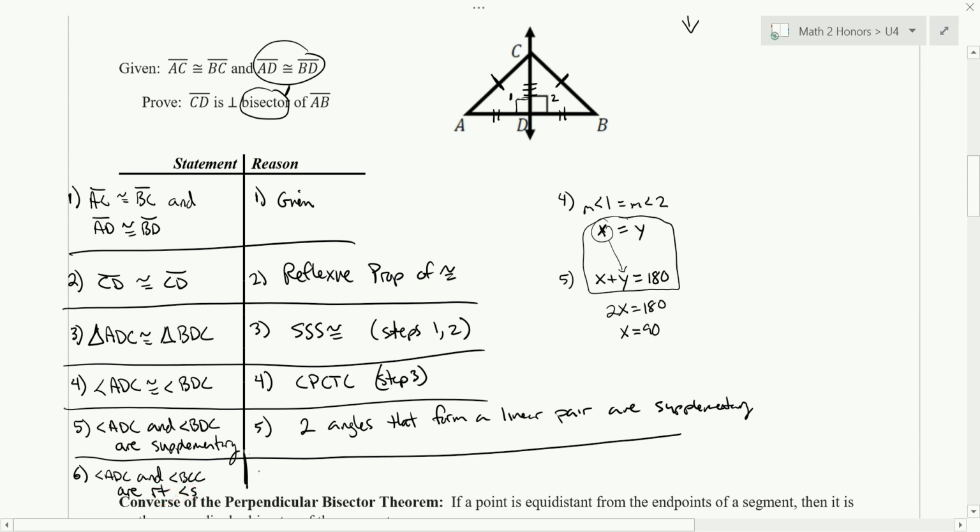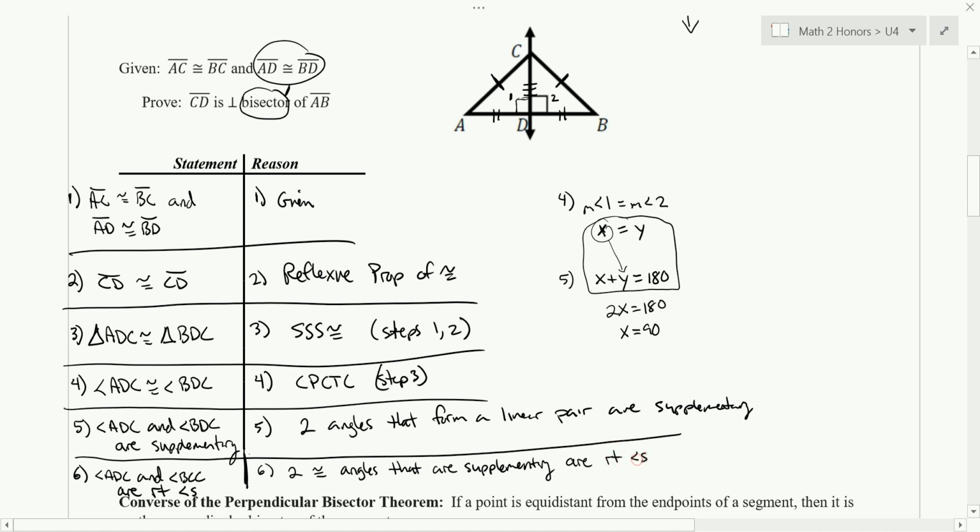And the reason I'm going to give, and it's not a reason you have to memorize or anything, we're just going to write it once and probably never use it again, but we're going to put it here, is two congruent angles that are supplementary are right angles, or end up being right angles.